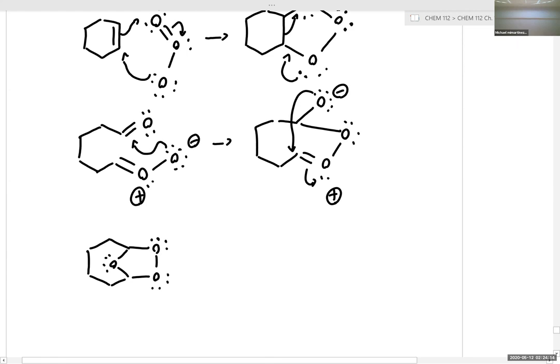Now, suppose we treat it with a reducing agent such as triphenylphosphine. So in this case, when we treat it with a reducing agent, it will attack one of our electrophilic oxygens, and we will generate the following intermediate.